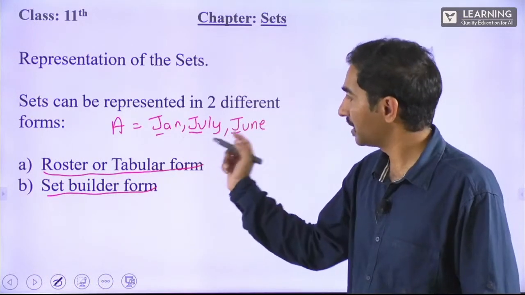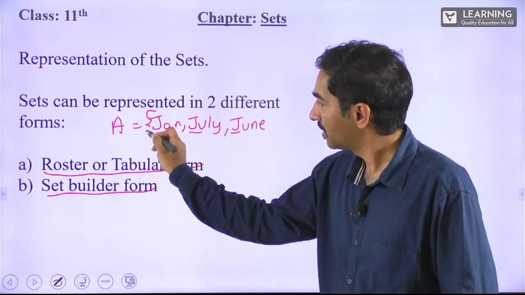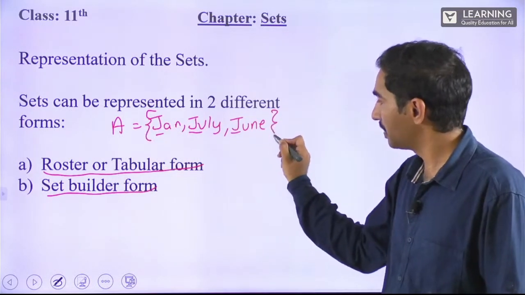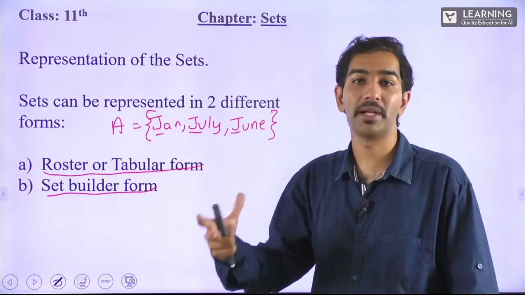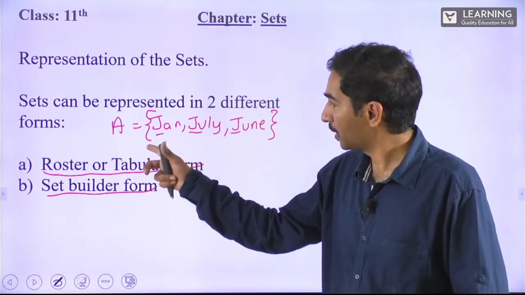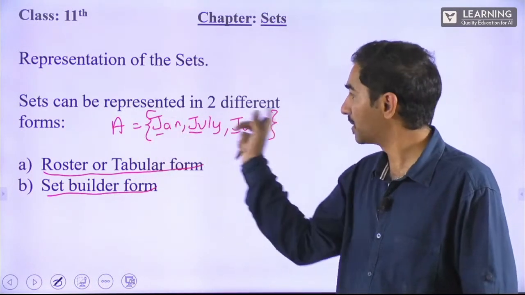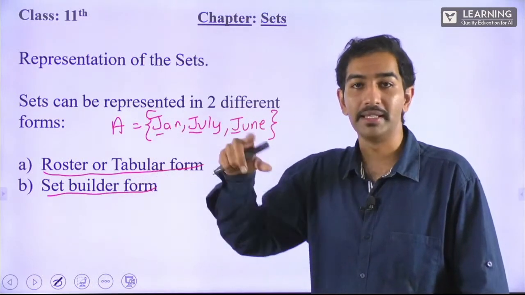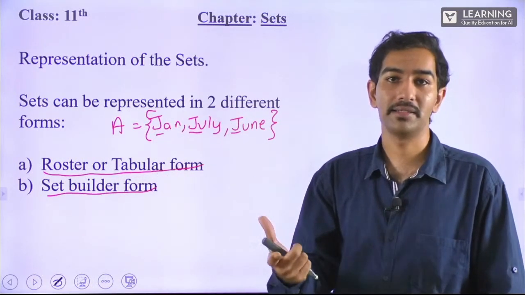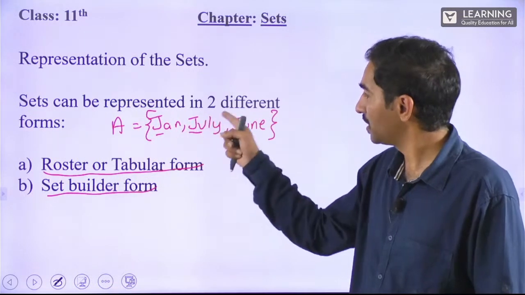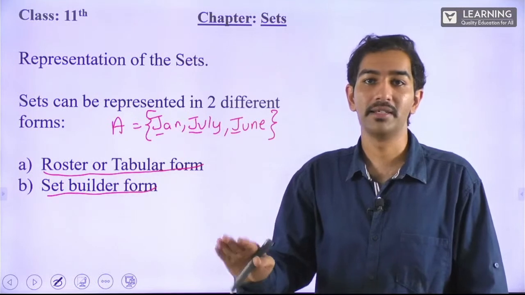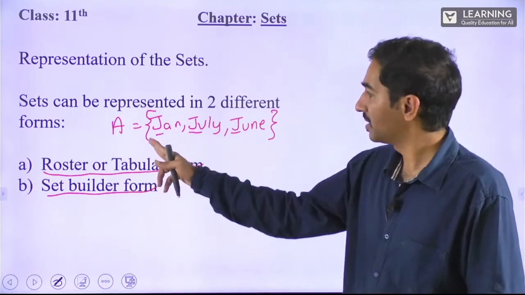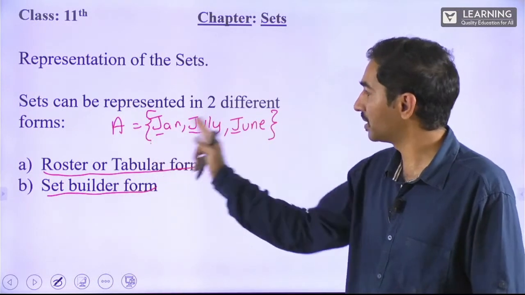Whenever you are representing a set, you must enclose those elements within braces, also called flower brackets. If you enclose the elements within these braces, then it is considered a set. If you simply write January, July and June, then those are only the elements. It is not called a set. Always remember, to represent a set, you have to enclose those elements within the braces.